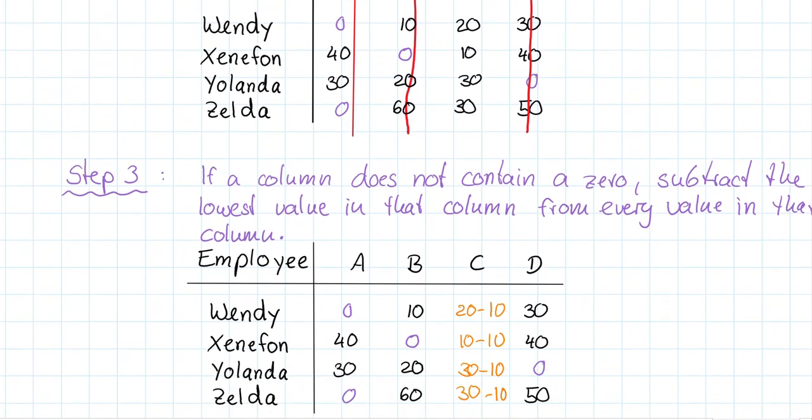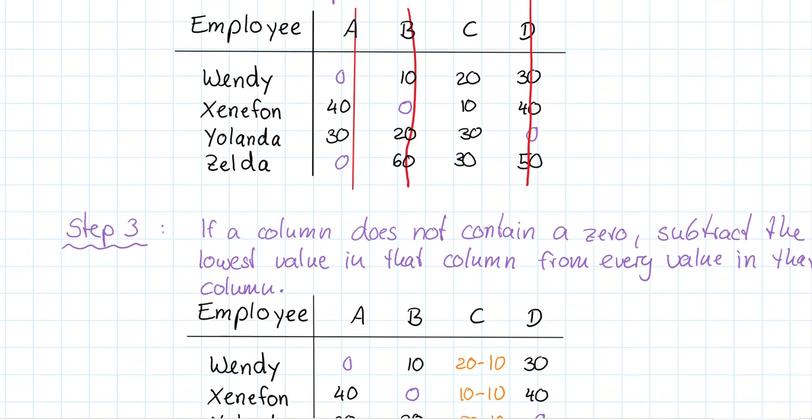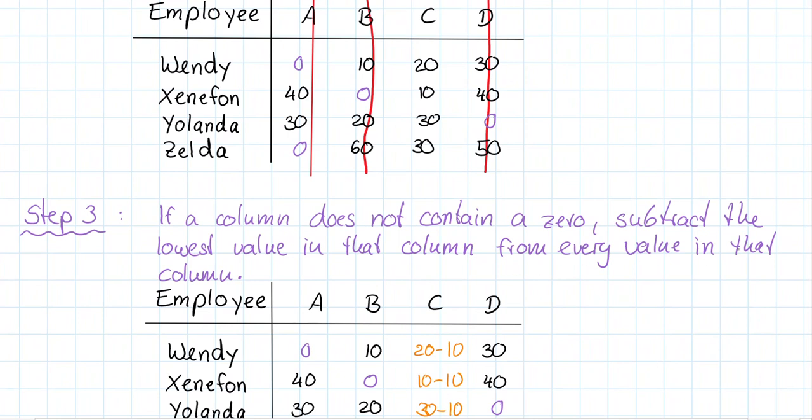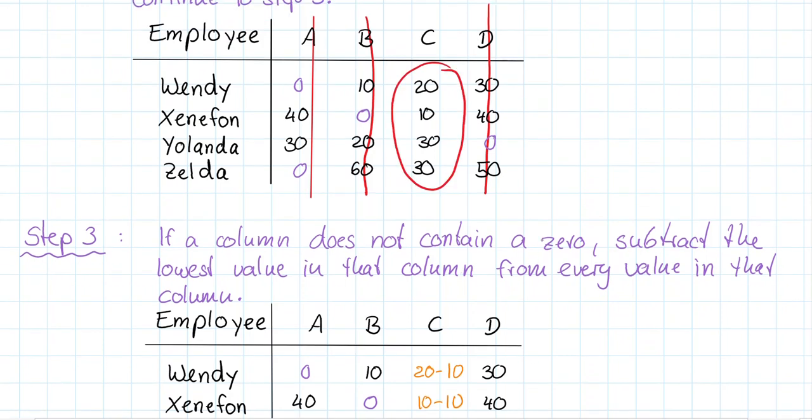Good. Step 3. If a column does not contain a 0, subtract the lowest value in that column from every value in that column. So this is the column here, which does not contain a 0. What are we supposed to do? We subtract the lowest value in that column, which is a 10, from every value in that column.